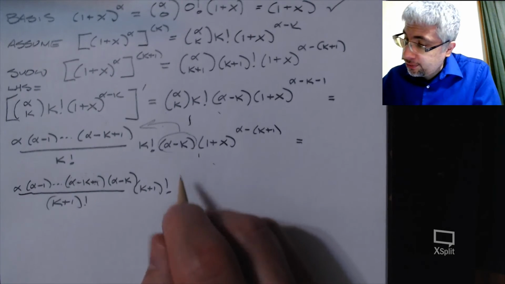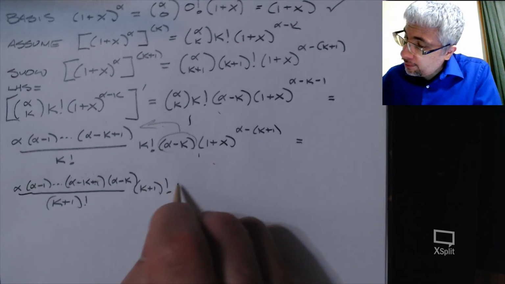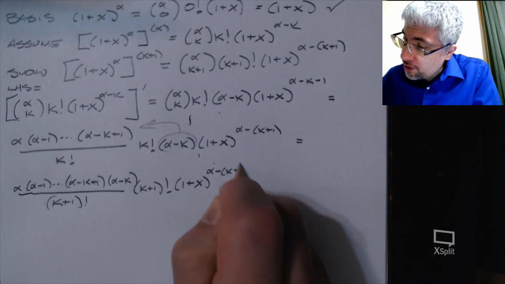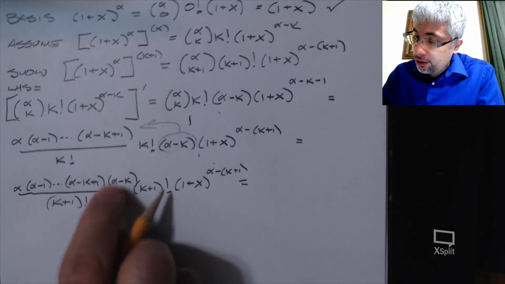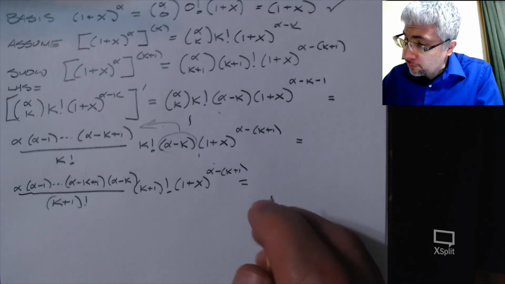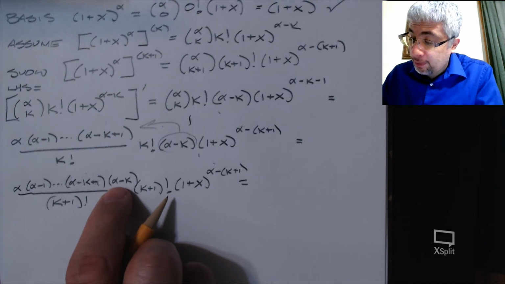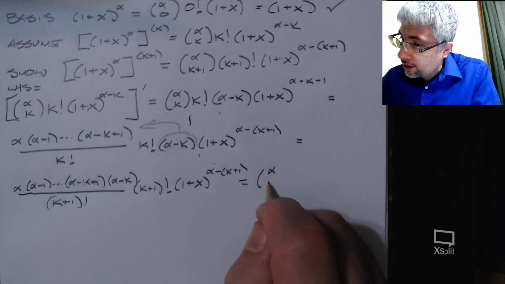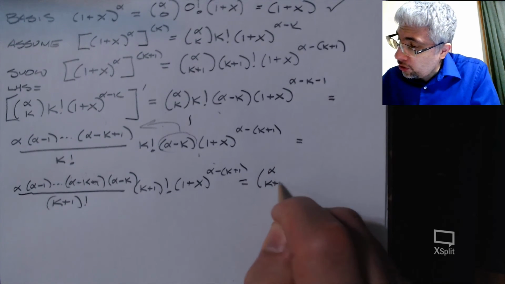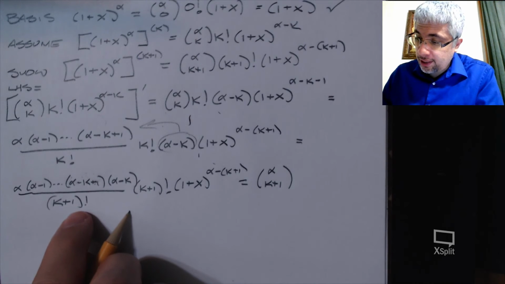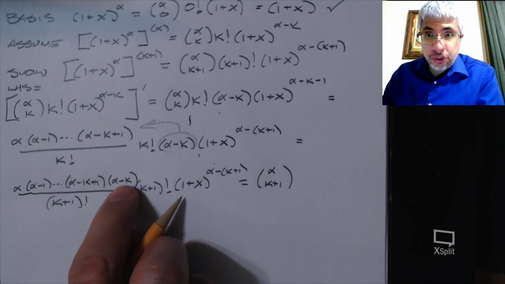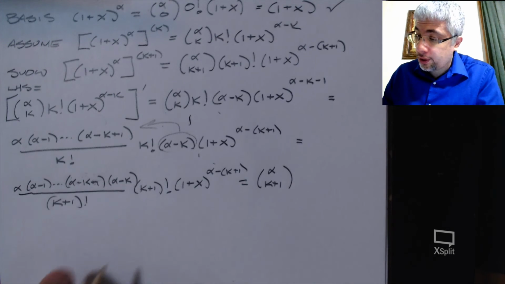So what is this equal to? Oh, and let's finish writing this line before I ask such questions. Okay, what is this equal to? Well, how many terms do I have in the top? I have one more than before. This is going to be an alpha choose k plus 1 now, because I have the k plus 1 factorial, and I have k plus 1 total terms in the top where I had k before.